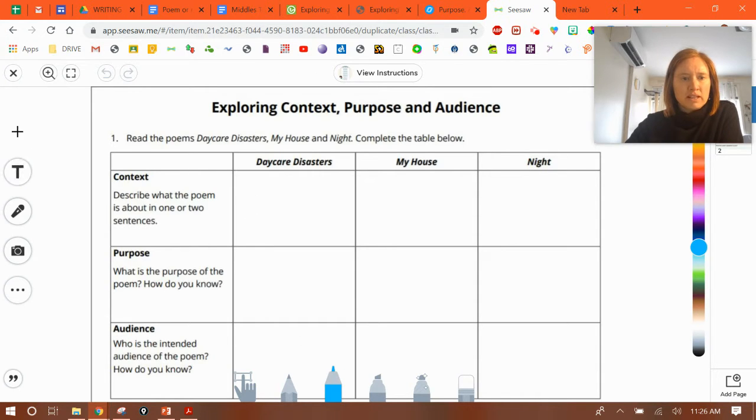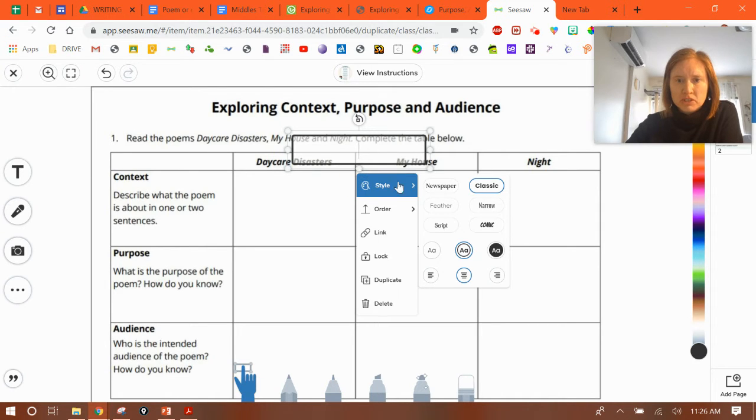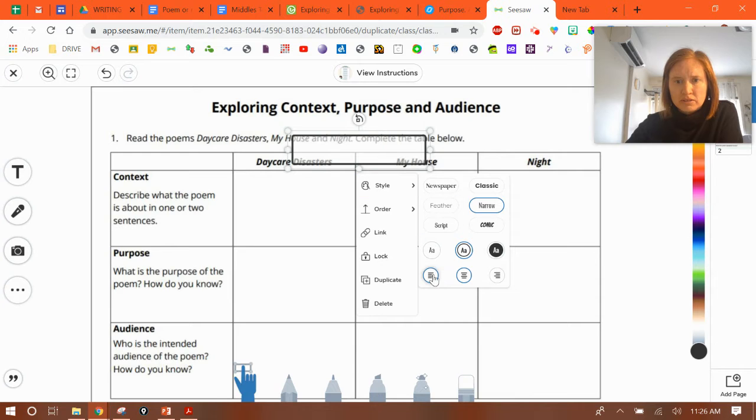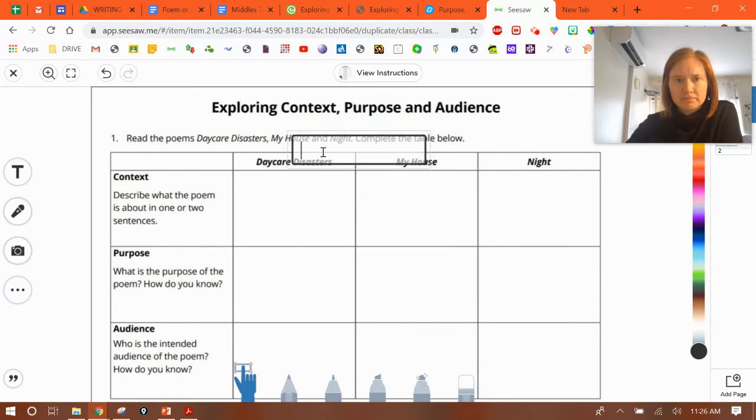To answer these, I'm going to add a text box and start typing. I'm going to change it to narrow and move it over to the left. I think this poem, Daycare Disasters, is about all the things that can go wrong at daycare. It's quite a funny poem, and it gives you a sense of how crazy things can get during daycare.